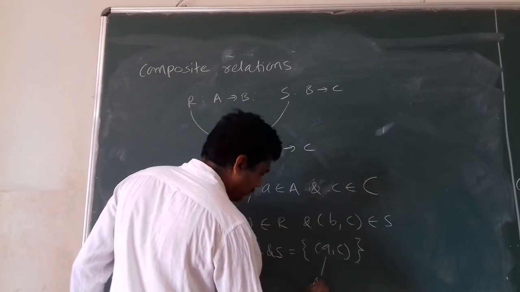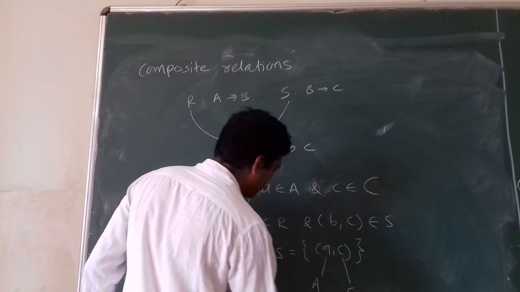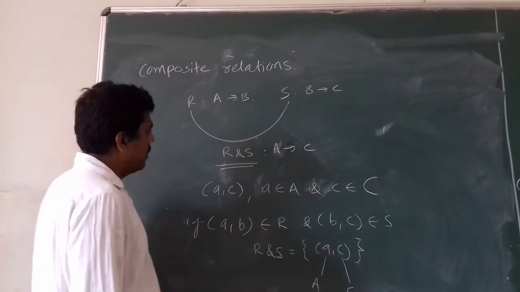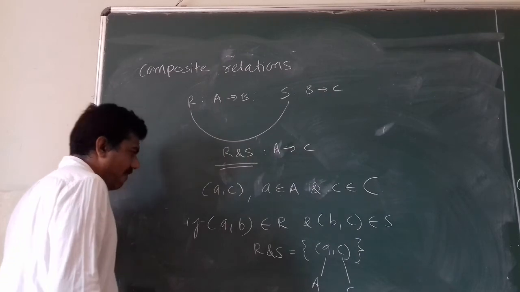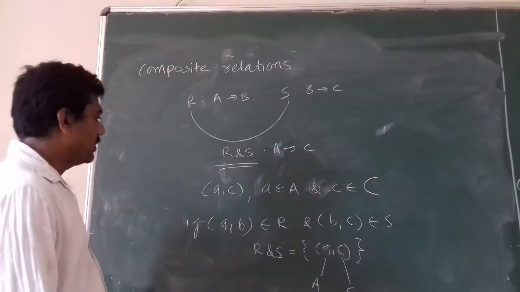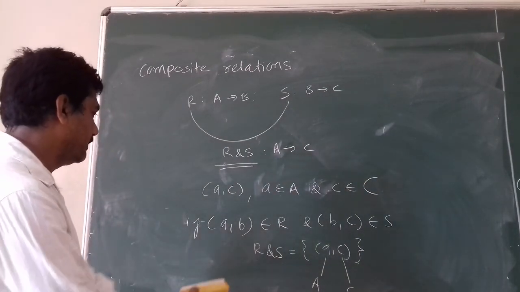If you observe, a belongs to A and c belongs to C. So this is the composition of the relations.